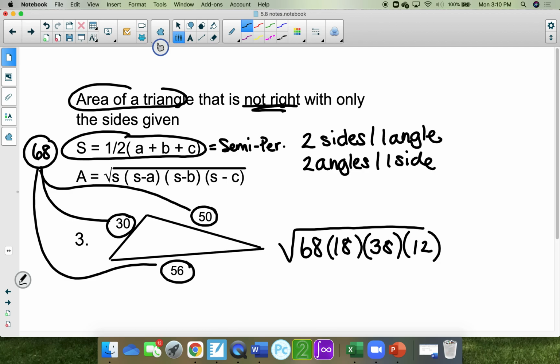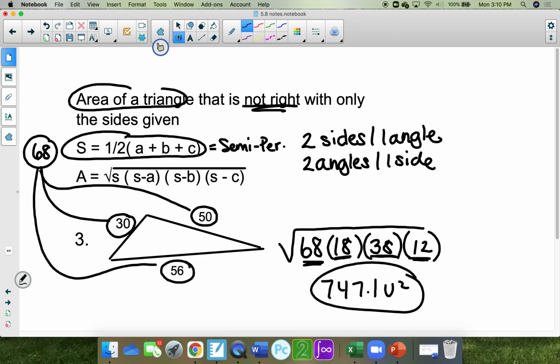You multiply them all together and take the square root of that, and you are going to get 747.1 units squared. So that's how you find the area given three sides. You have to find the semi-perimeter first by taking half of the perimeter. 68 is called the semi-perimeter, and then you find how far away each of those sides is from the semi-perimeter. And that's also on your formula sheet.